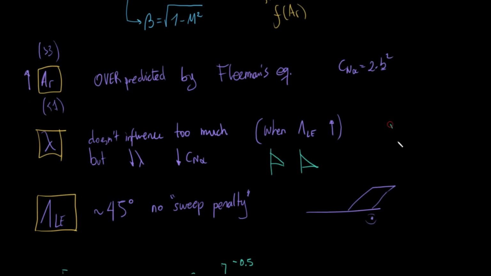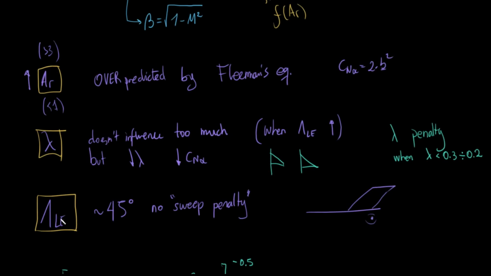That's called the taper ratio penalty. When taper ratio is really small, I don't know, 0.3, 0.2. If not, surprisingly, taper ratio won't affect much the lift.